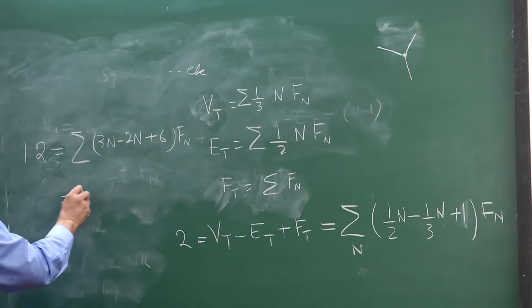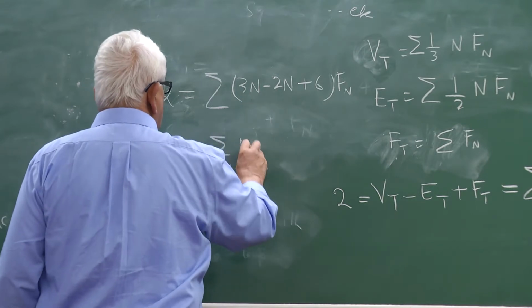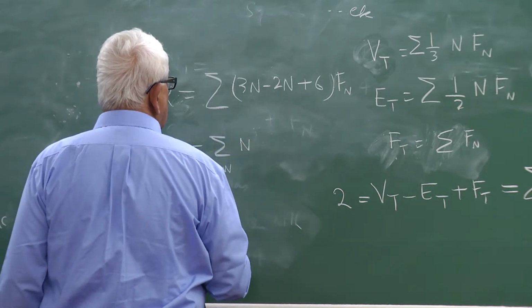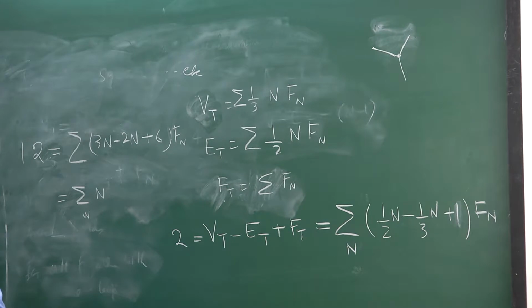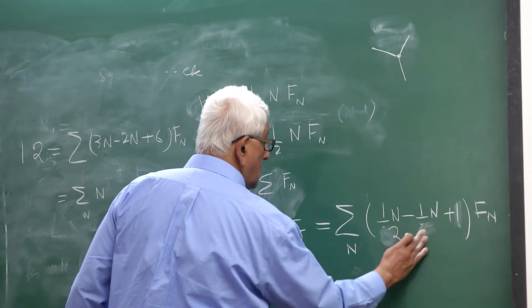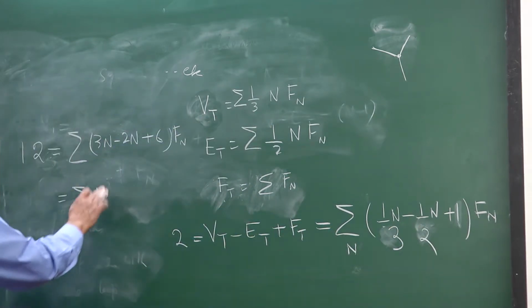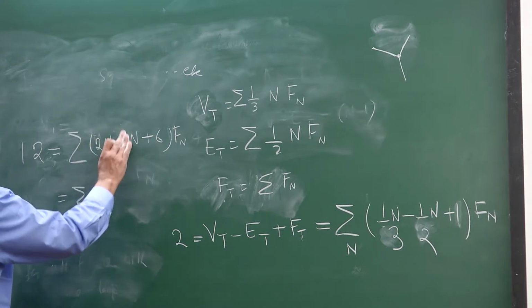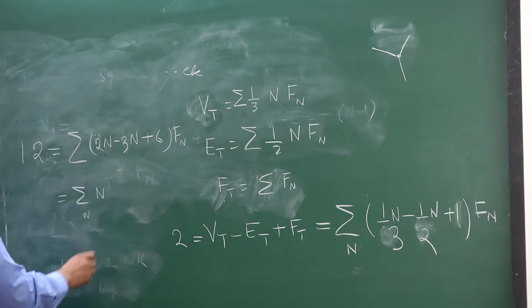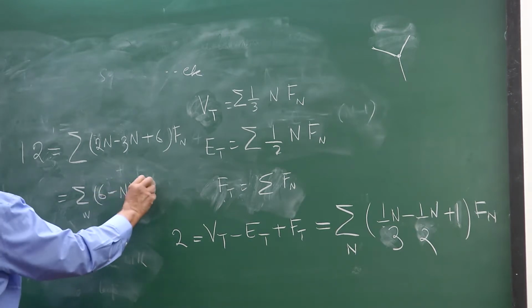So what we find then, this is summation over n. For vertices, this should be 3. So this is 2, this is 3, and this is then 6 minus n, F_n.